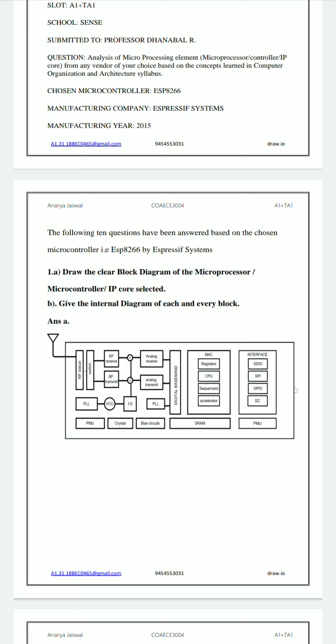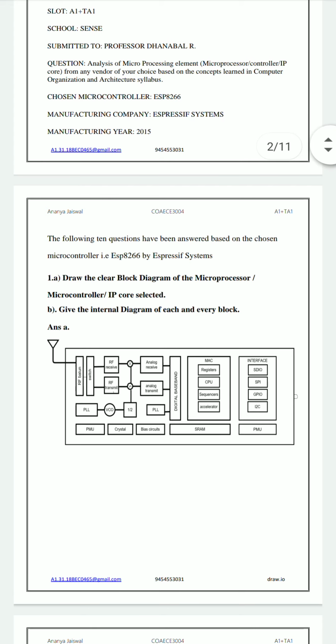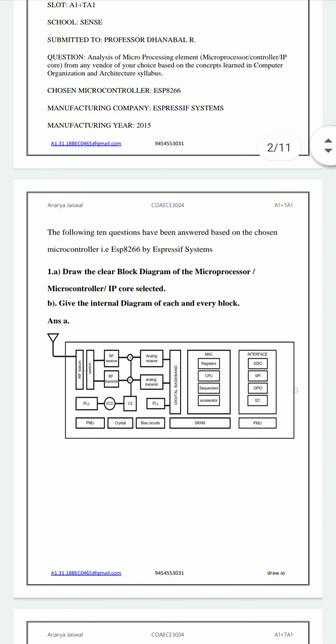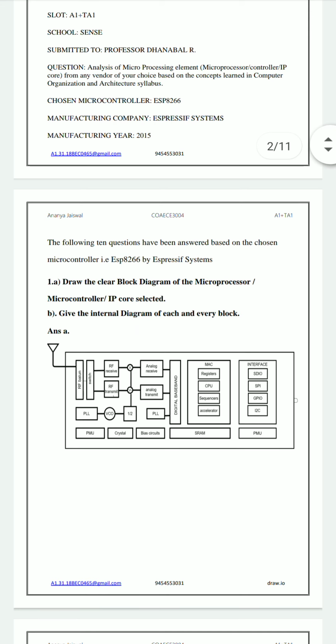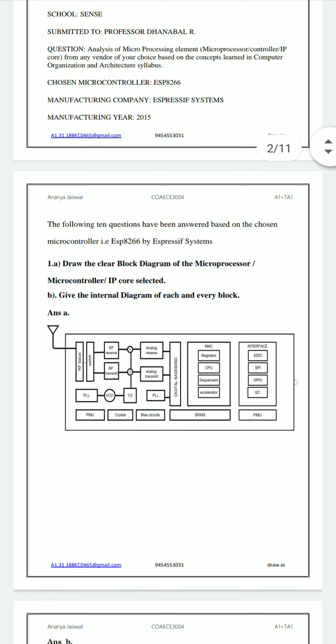As visible, this is the clear block diagram of ESP8266 drawn using online tool draw.io, comprising of various components comprised by the microcontroller such as RF balance switch, RF receive transmit, analog receive, analog transmit, digital baseband, bias circuits, crystal, PMU, MSC comprising of registers, CPU, sequencers, accelerators, interface comprising of SDIO, SPI, GPIO, I2C, PMU and SRAM.